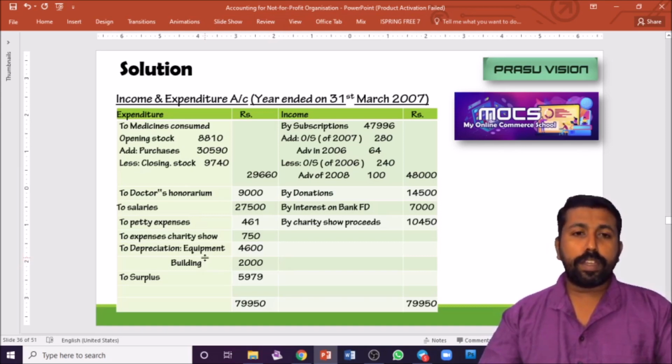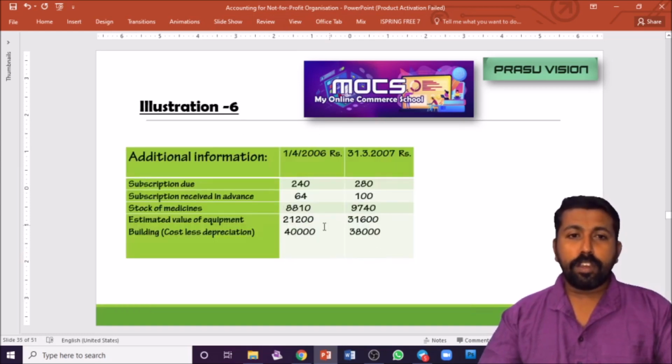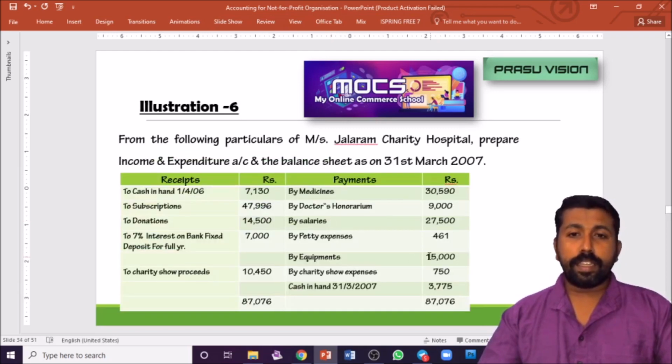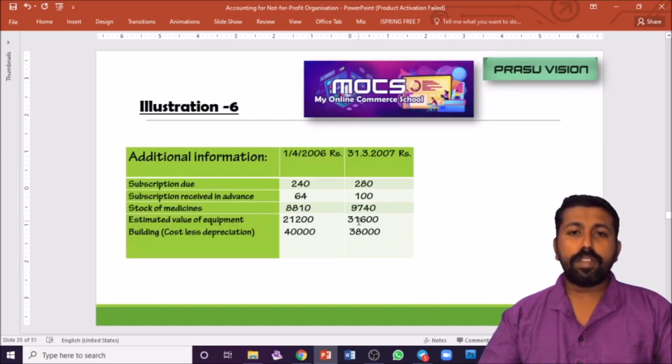And for depreciation of equipment, in the receipt and payment account, equipment is 15,000. That shows the additional equipment purchased during the year, 15,000. The opening value of equipment is 21,200. So to find the amount of depreciation: 21,200, the opening value of the equipment or asset, plus purchased during the year 15,000, minus the closing value 31,600.